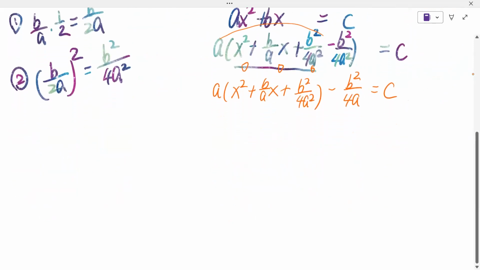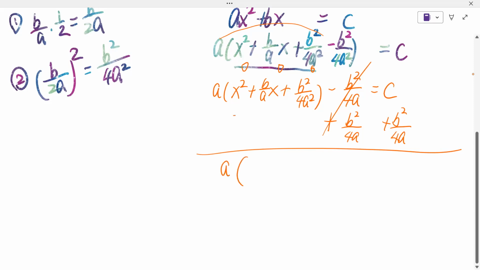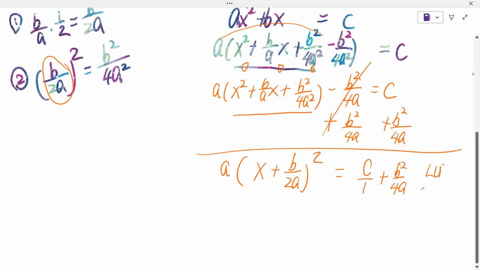Now next step, we're going to add b squared over 4a to both sides of the equation. Okay, now we cancel that, right? And then combine those using the LCD. Let me slow down a little bit. This is a perfect square. It's x plus b over 2a, squared. Right hand side, negative c, make it negative c over 1 plus b squared over 4a. Now the LCD is 4a.